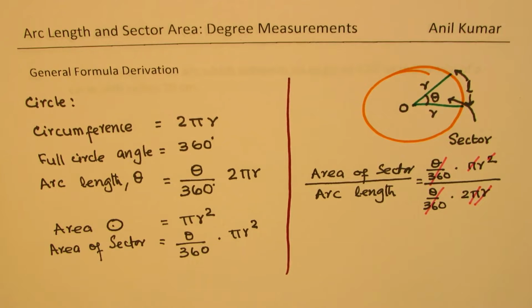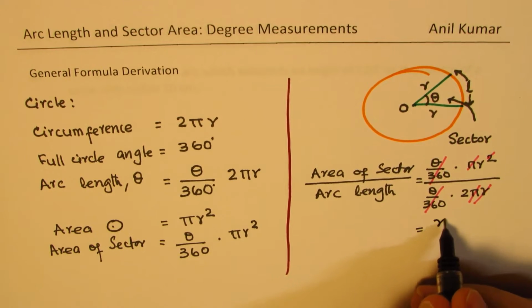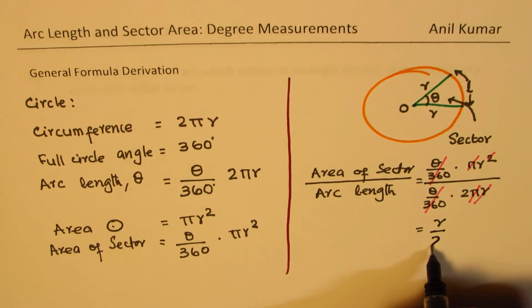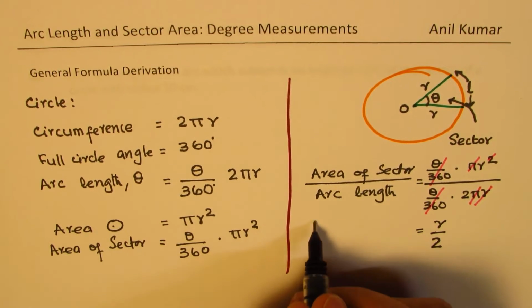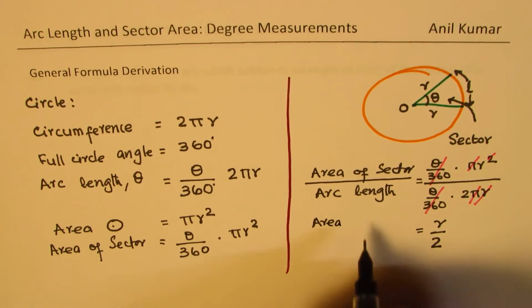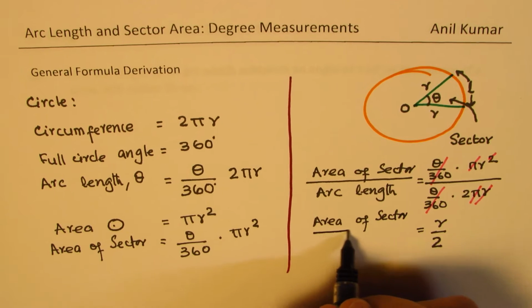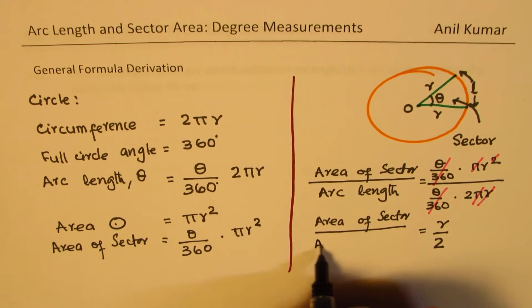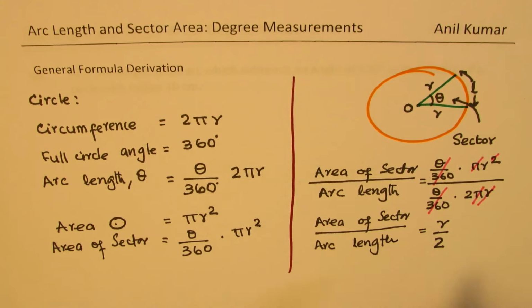So what do we get? A very simple formula, and that is equal to r remains in the numerator over 2. Do you see that? So area of sector over arc length is half of the radius.